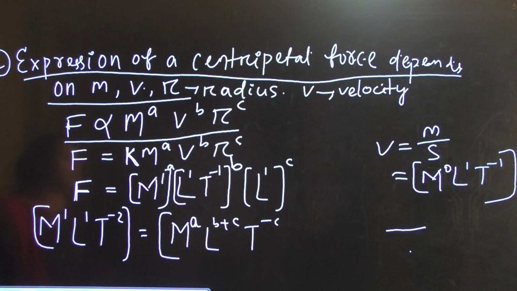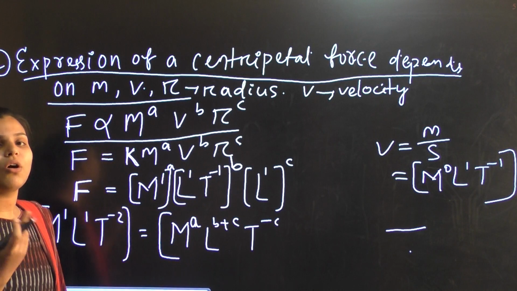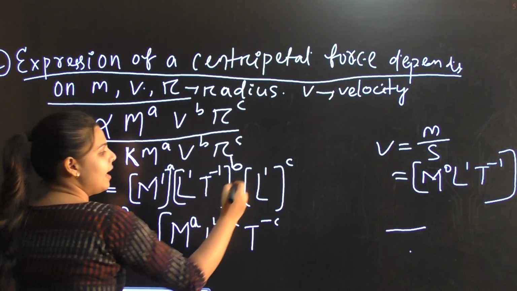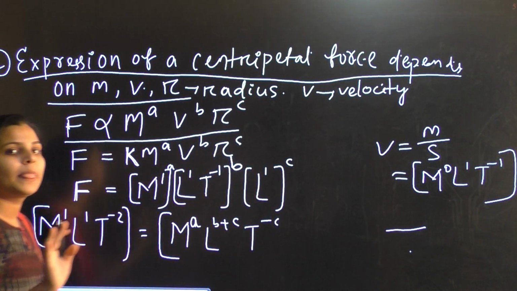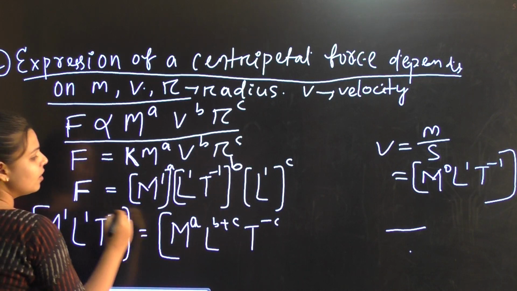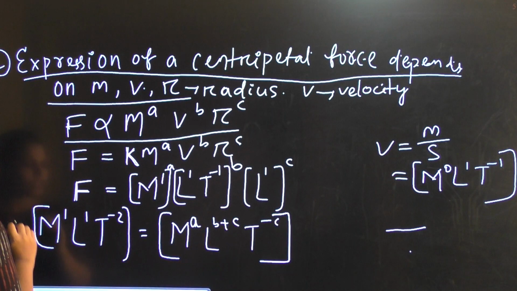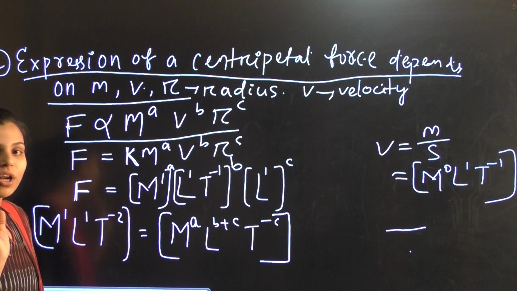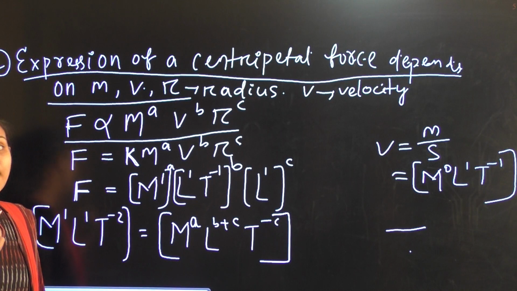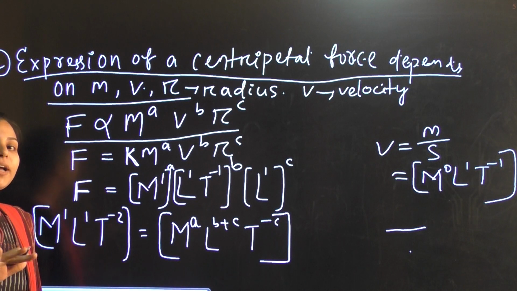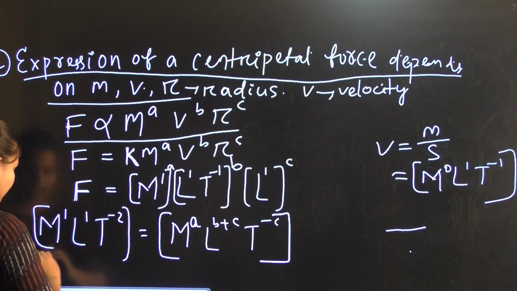Now radius is also a length, so we can write L1 to the power c. As we know, the dimensional formula of force is always the same, that is M1 L1 T minus 2. Just write it on this side.